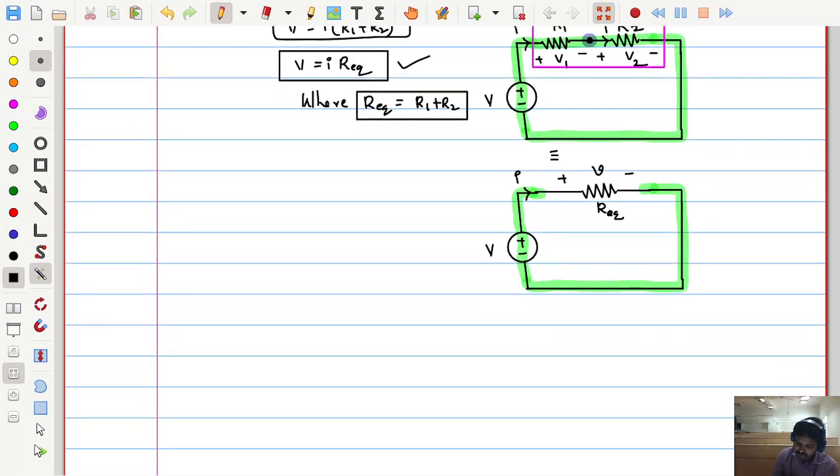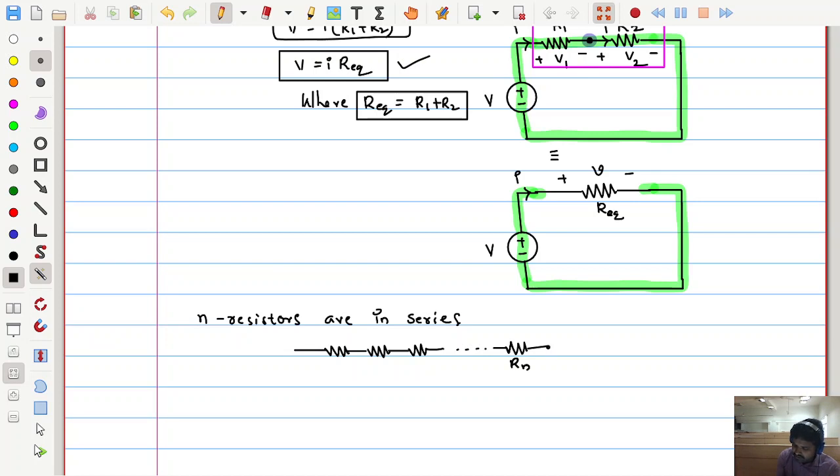For example, if n resistors are in series, like this, R1, R2, R3 and so on, Rn.